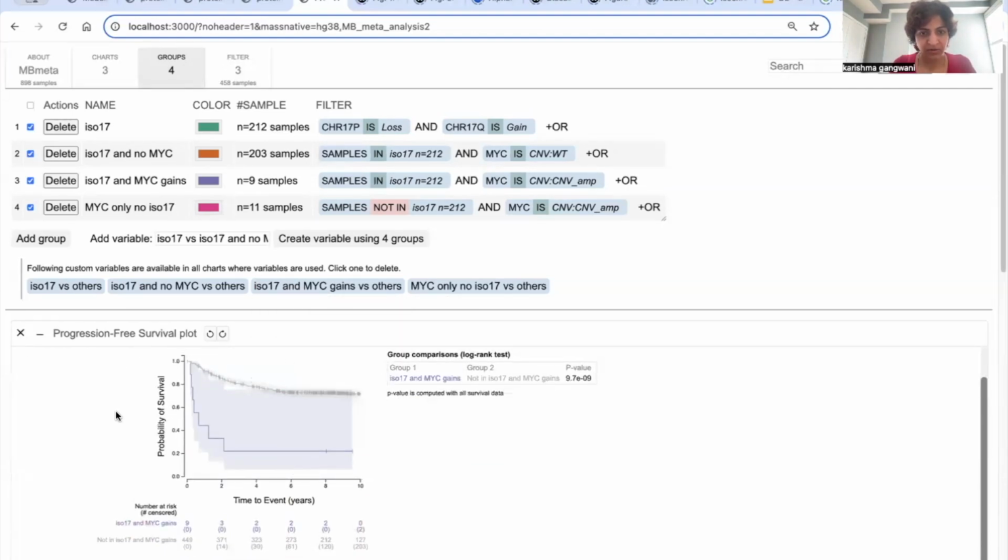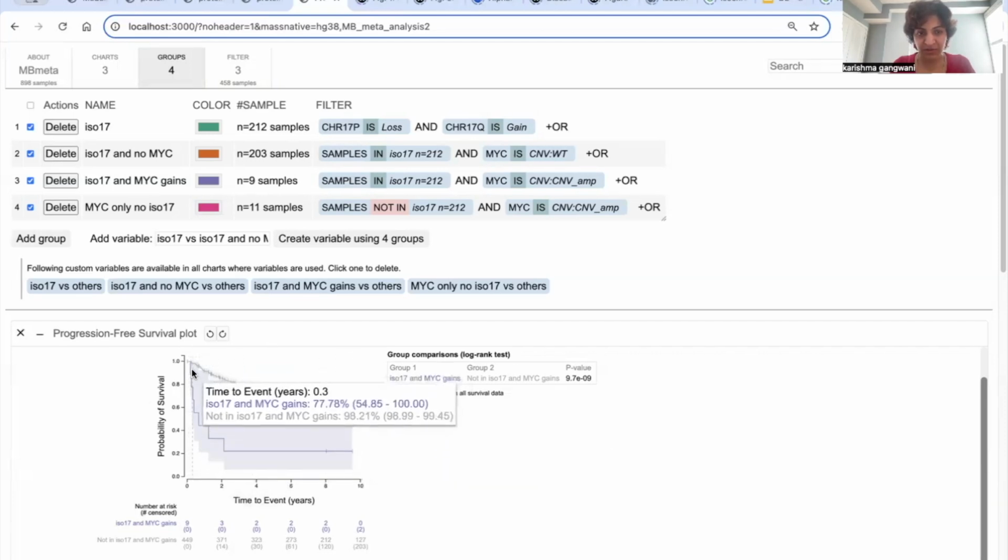Right. So here is where things start getting different, because now we're looking at ISO 17 and specifically only gains for MYC, right? So we've selected MYC gains here. So we know that the cases that harbor ISO 17 chromosomal status also have MYC amplifications. And you can see that those cases have a very poor progression-free survival.